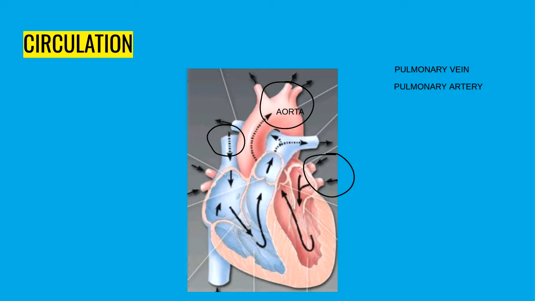Because the blood coming in through here, once it passes through the heart, goes directly into the aorta, so it has to be fresh and oxygenated. We're not going to deliver the blood from the body straight to the body. We want it to get to the lungs first and become oxygenated. So it's going to be this one.